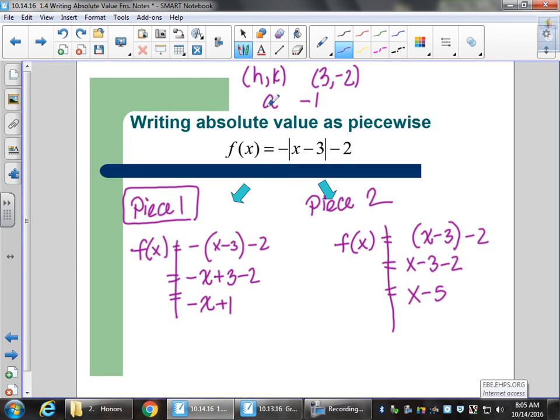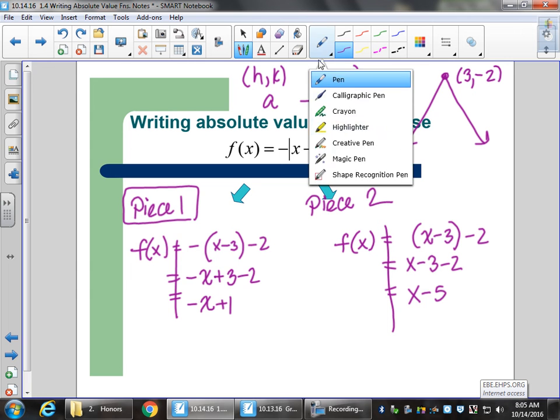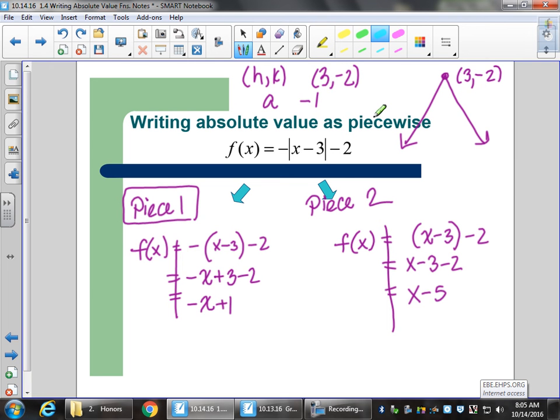Now, up here, we did identify H, K, and A. Based on A, how is this graph opening? Down. So I do recommend, just draw yourself a quick sketch. And we can get the vertex on there, too. Which of these two values will matter for the domain? Go back and read. H or K?